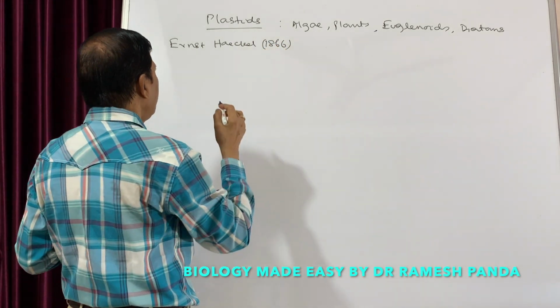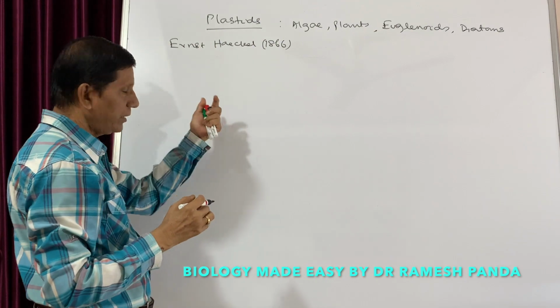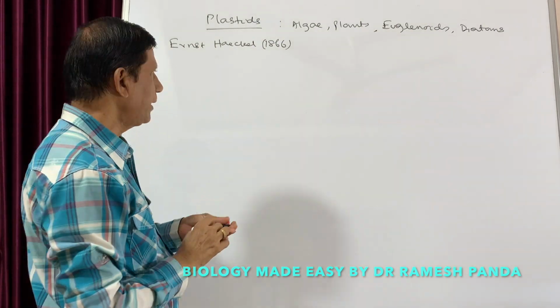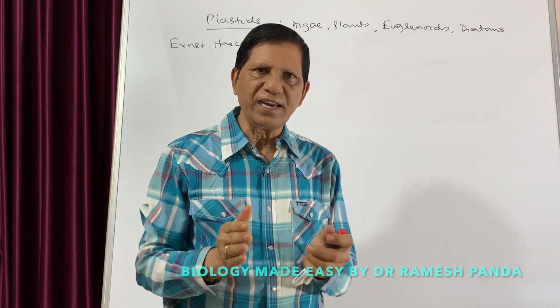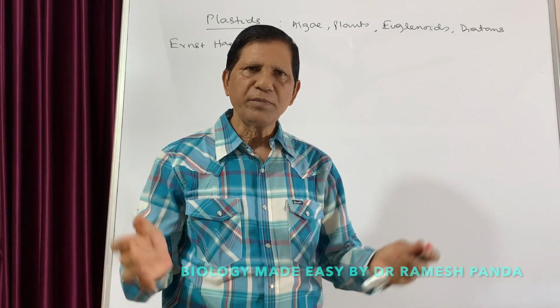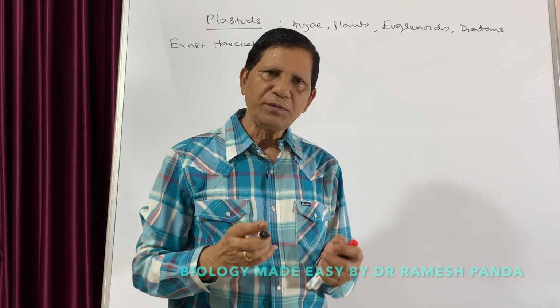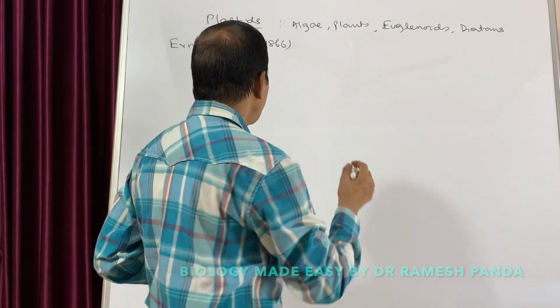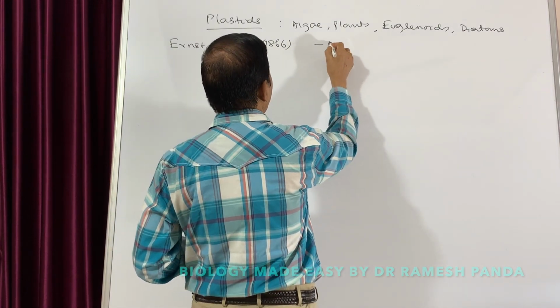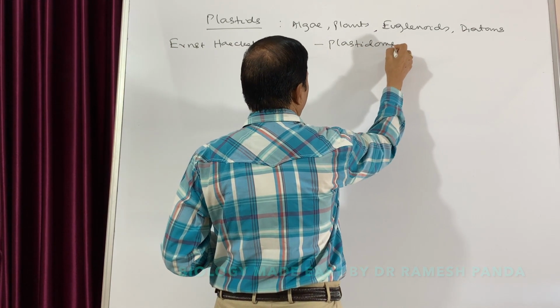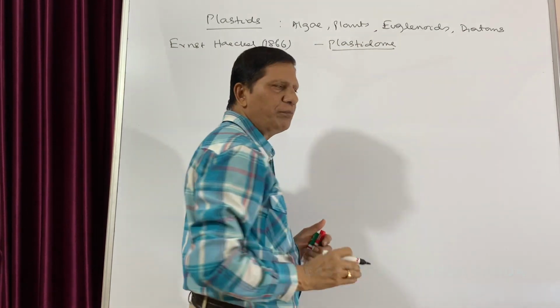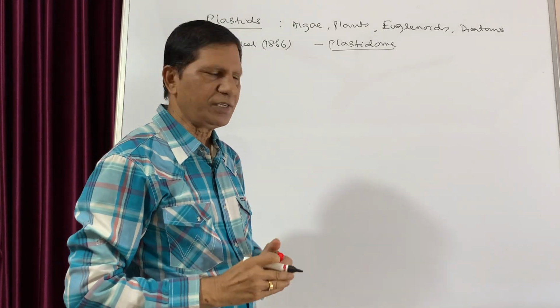Now inside the cell, a large number of plastids are there, and all the plastids together are known as the plastidome. It means all the plastids that are present in a cell.